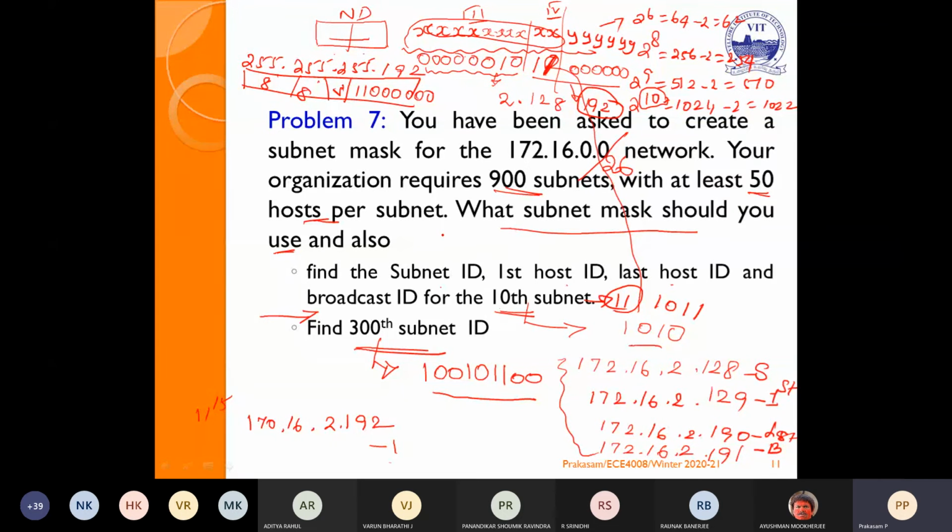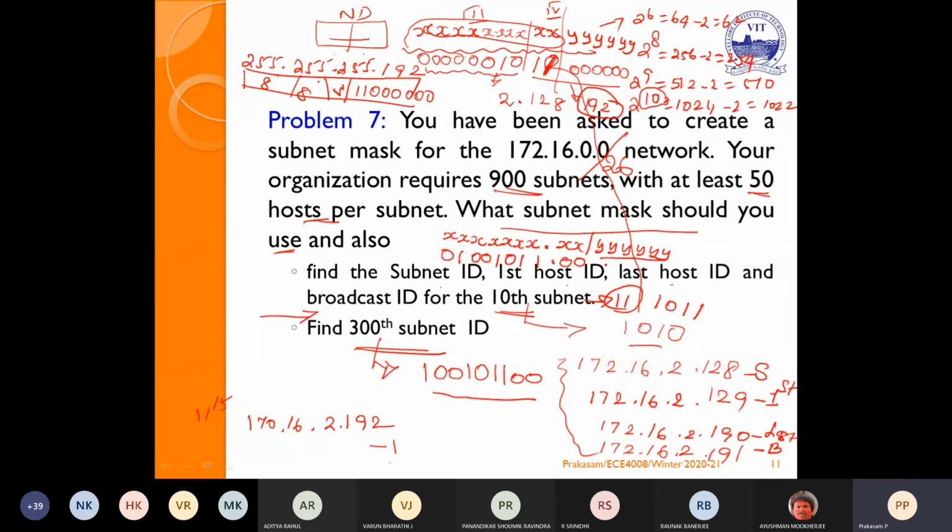For example, let us consider substituting here: 0, then dot, 1 1 0 1 0 0 1. So 1, 2, 3, 4, 5, 6, 7.